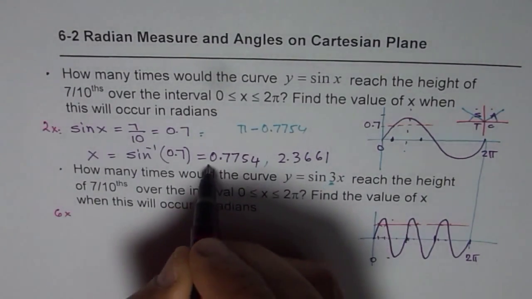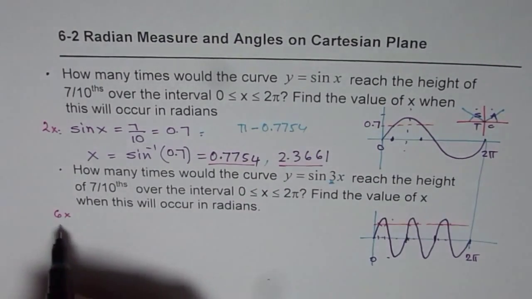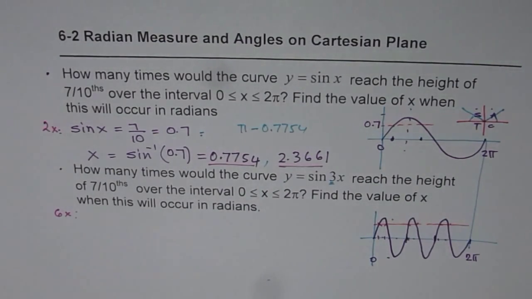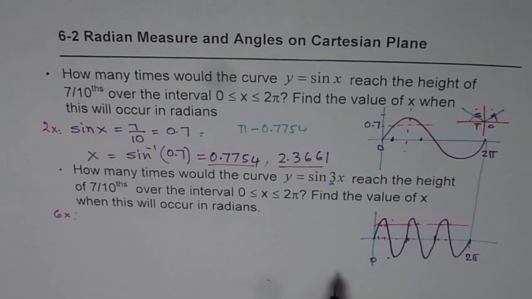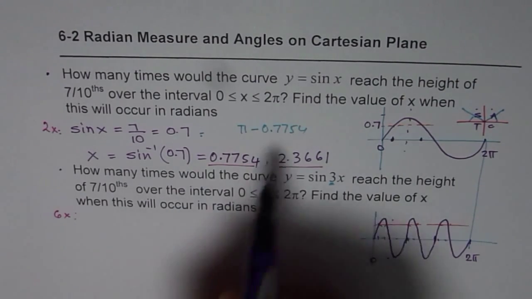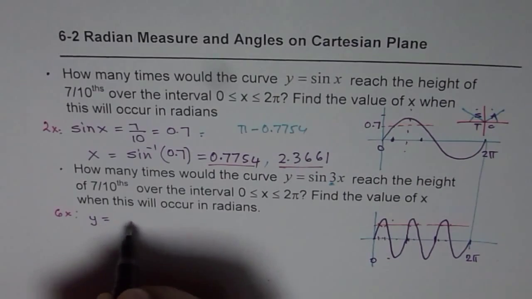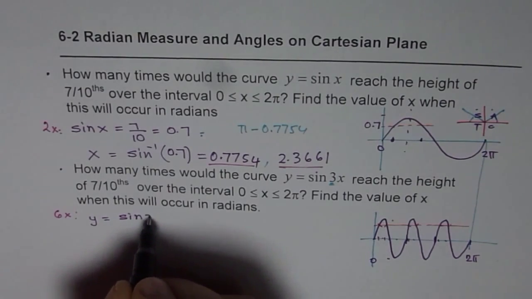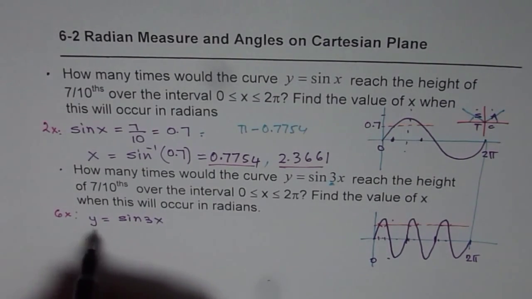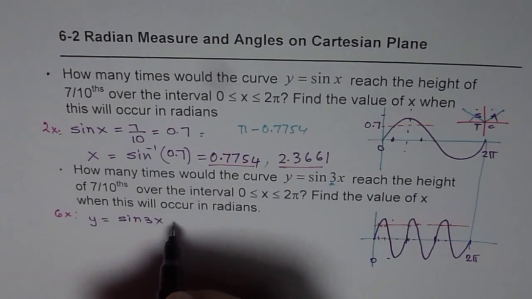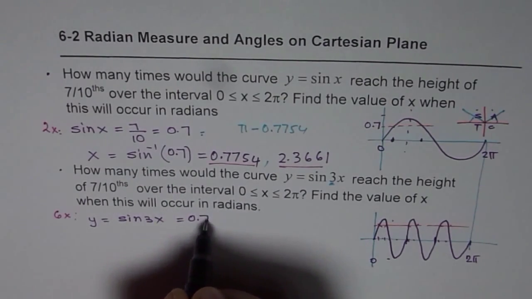And those 2 times we found here like this, and now it is going to be 6 times. Okay, so you need to find all those 6 values. Now one reason why we get it 6 times is this. The function is y equals sin3x. So the y value is 0.7, right?